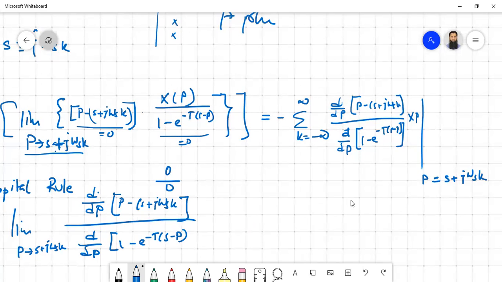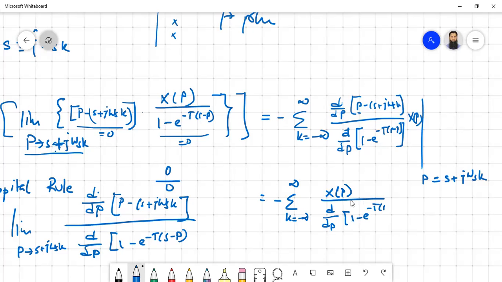So it will be simply 1 in the numerator. So minus the summation k from minus infinity to infinity of xp over d by dp of 1 minus e to the minus t s minus p. Let's do that limit separately, then we'll replace the value here. Obviously, don't forget this is your x star s.